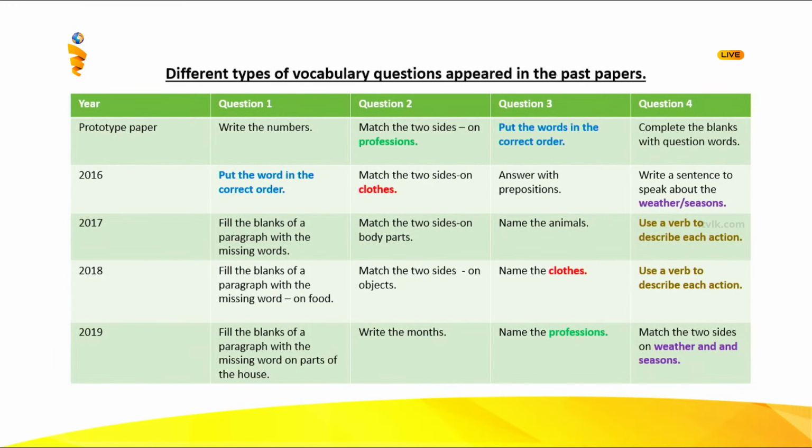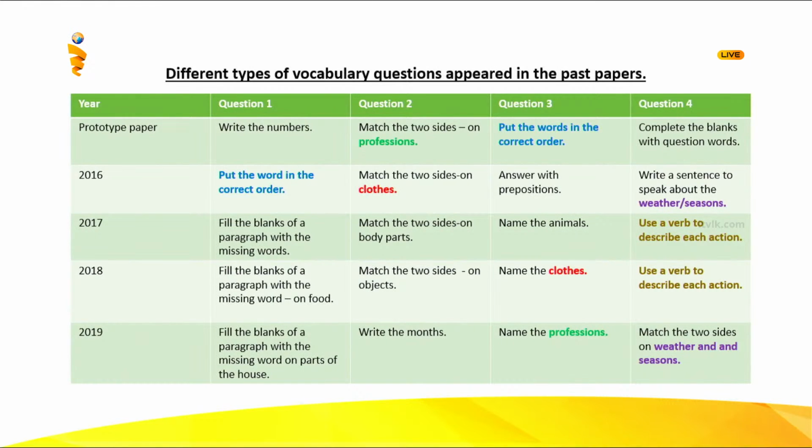In this chart, you may notice different types of vocabulary questions which had appeared so far in the O-level past papers. You may also notice how the same vocabulary question got repeated twice. So to make it easier for you to follow it, I have highlighted them in different colors.